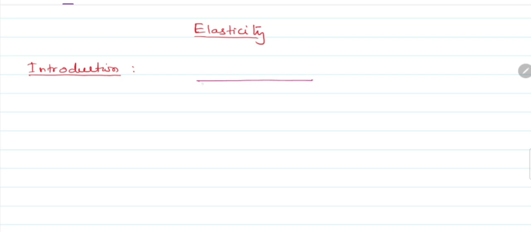If you stretch this rubber, then the rubber changes its length. If you apply a force here and here in opposite directions, what happens? The rubber is going to be stretched. It means the length changes, and the area of the cross section also changes. So the shape and size of that rubber change.